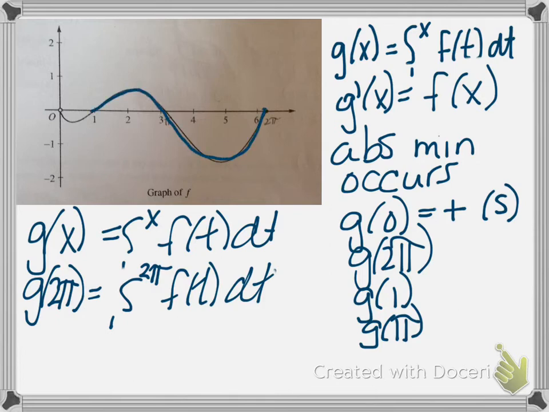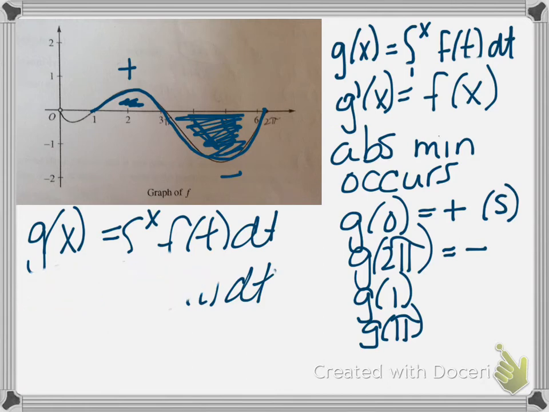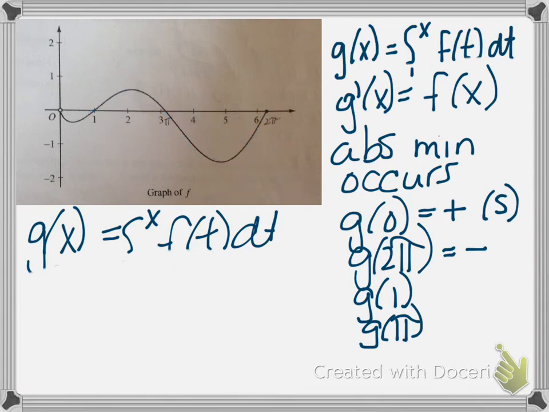Again, we have no numbers, but you can see this is a positive value, and this area is going to be a negative value, and you can clearly see from the picture that this section over here is bigger than the other section, so therefore it's going to be more negative. So we know that g of 2 pi is going to be negative. Okay? That's all we know right now. Okay, let's just keep going. Even though this looks not hopeful at all, you'll see it will be very hopeful.